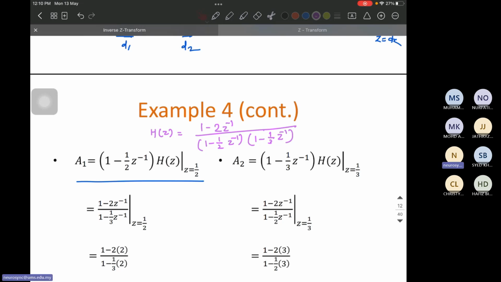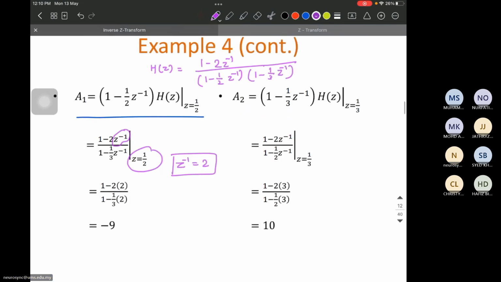Okay, so z equal to 1 by 2 means z inverse is equal to 2. Correct. So instead of z inverse, we need to write 2 here. So this is 1 minus 2 into 2 divided by 1 minus 1 by 3 into 2.